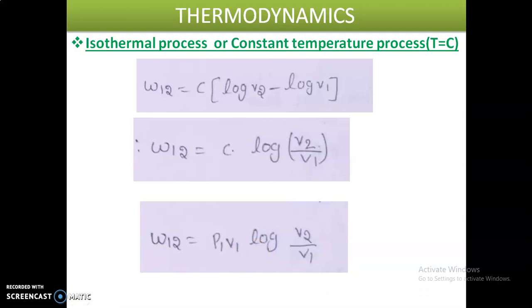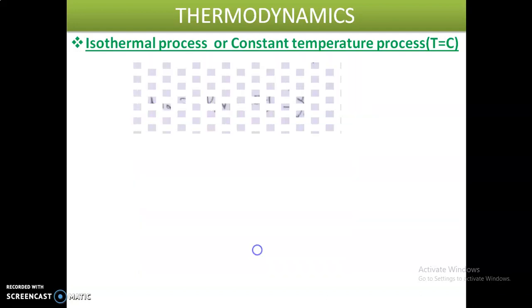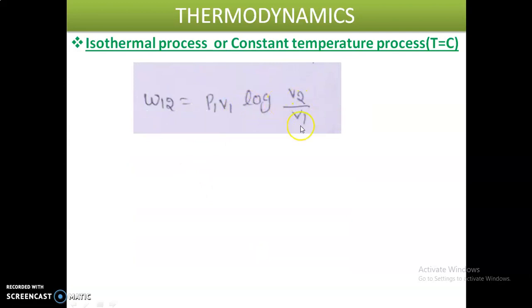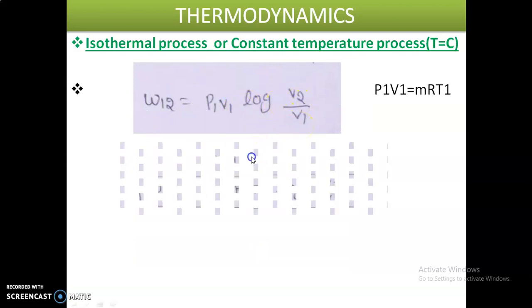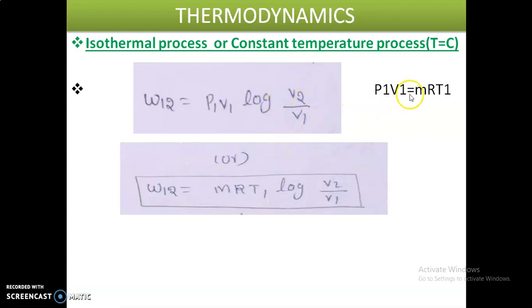I hope you understand about the work transfer in the isothermal process or constant temperature process. So here W 1-2 is equal to P1 V1 log V2 by V1. P1 V1 is equal to mRT1, so in place of P1 V1 we can substitute mRT1 log V2 by V1.